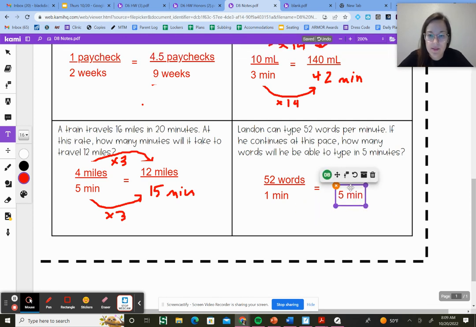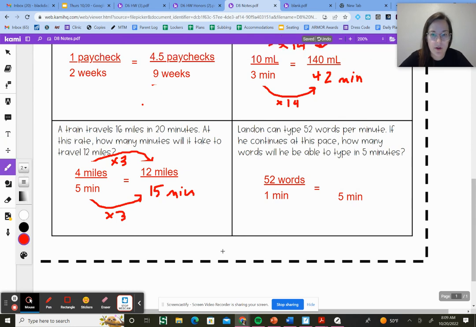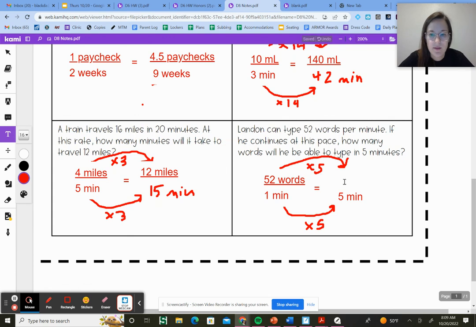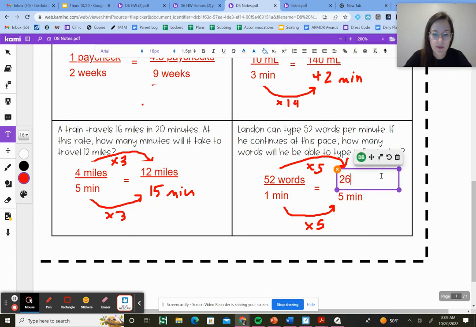All right, this looks easy. I'm just going to go straight across on this one. Because 1 times 5 is 5. So then you just have to do 52 times 5, which is 260. So 260 words.